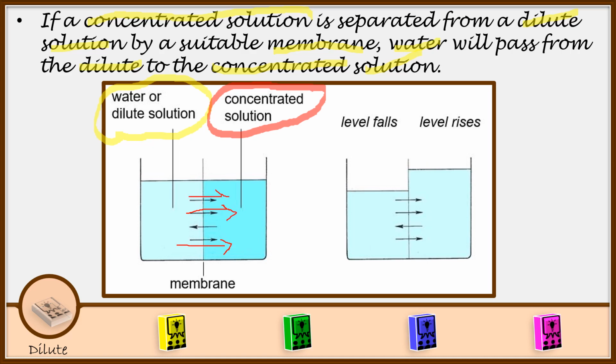But it does not mean that water cannot move from the concentrated solution going to the dilute solution. It does so. But when you look at it, you will see that the water which is moving from the concentrated solution back to the dilute solution is less compared to the water which is moving from the dilute solution going into the concentrated solution.